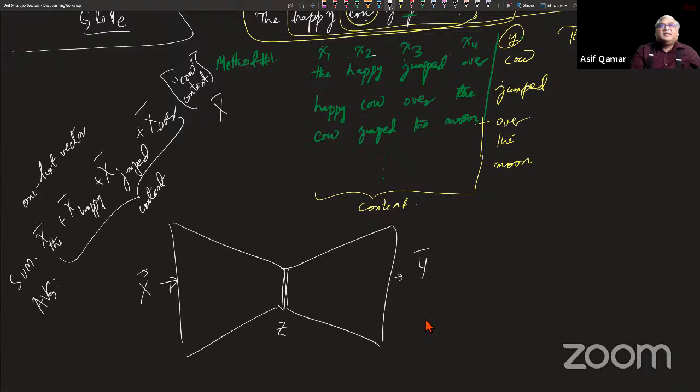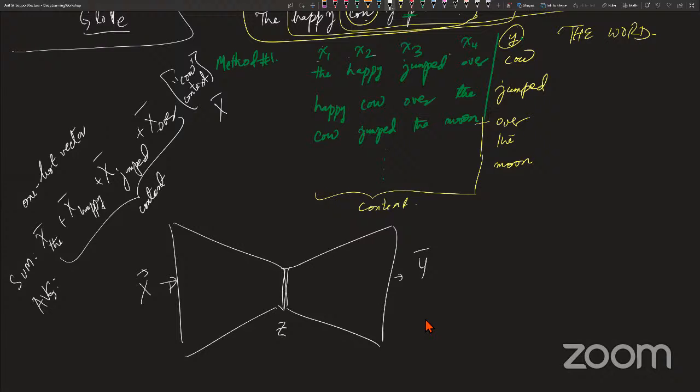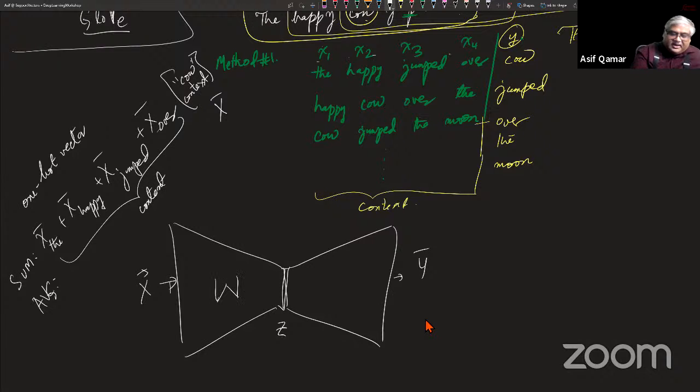And what you do is you force it to learn the weights, W and W prime, in such a way that the Y that comes out is cow. The vector one hot encoding output is the one hot encoding for cow.